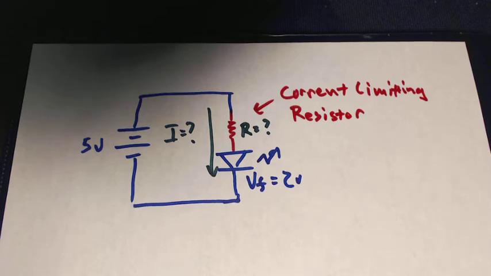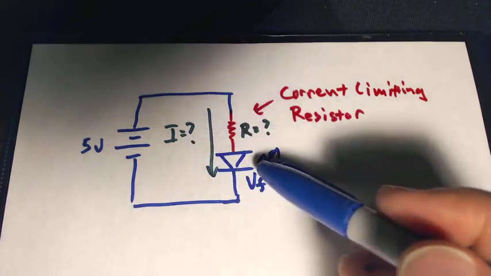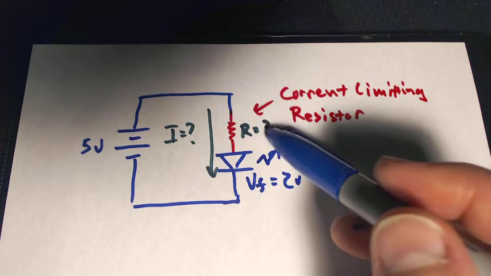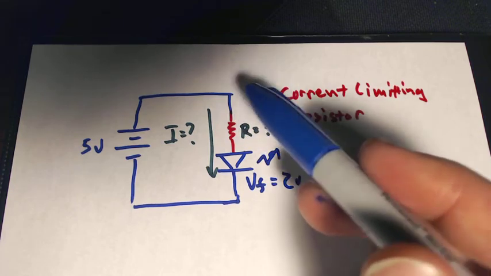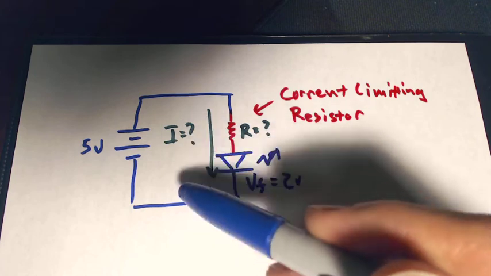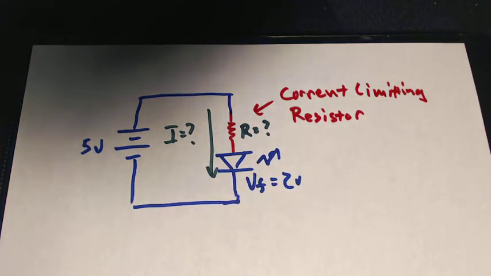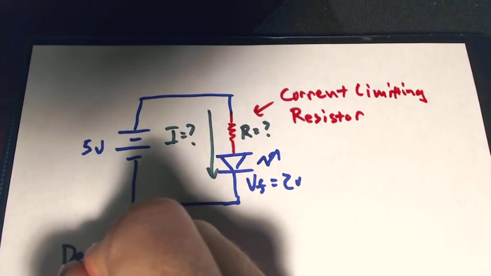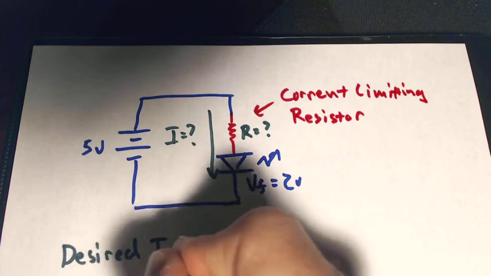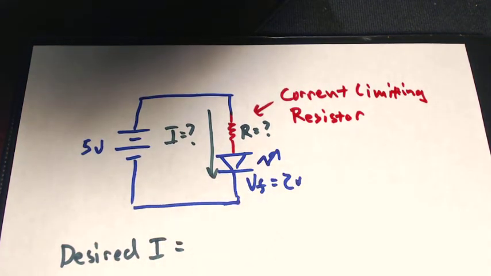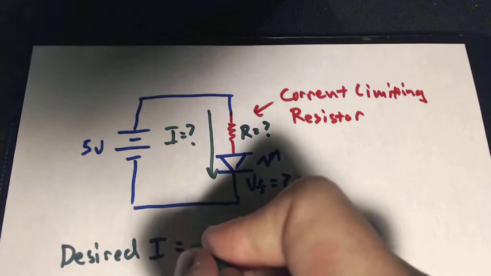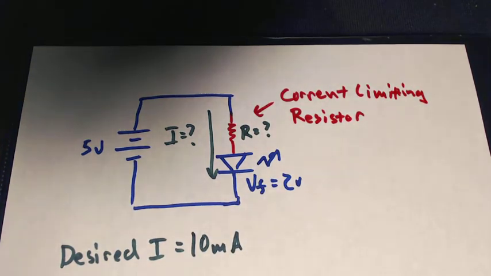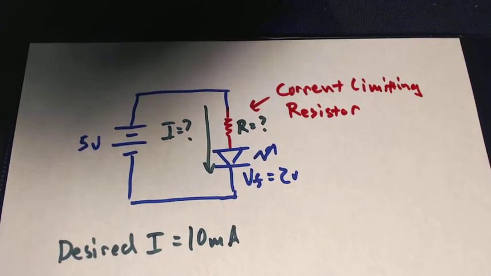So let's go ahead and phrase the problem such that we want to find a resistor for a given current that's going through here. So for this circuit we have a desired I, which is equal to, and let's make it 10 milliamps. Okay, so we're going to want a desired 10 milliamps going through here.